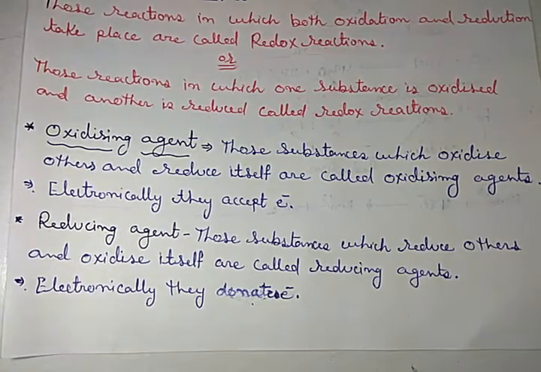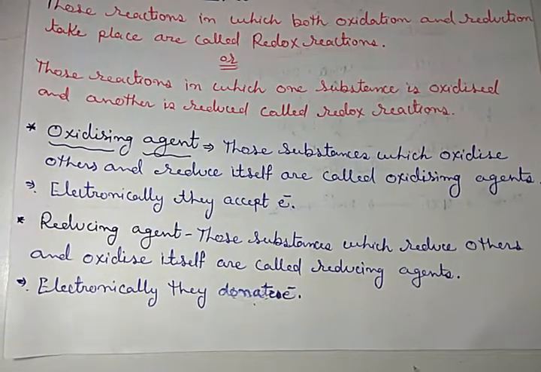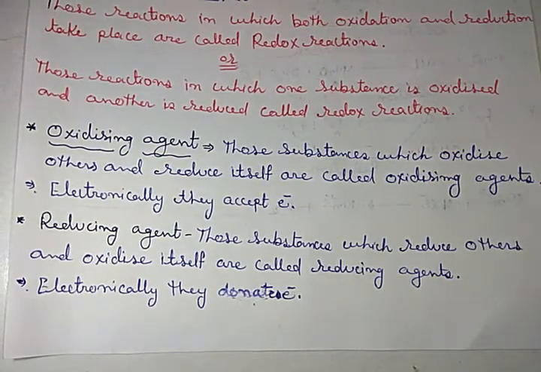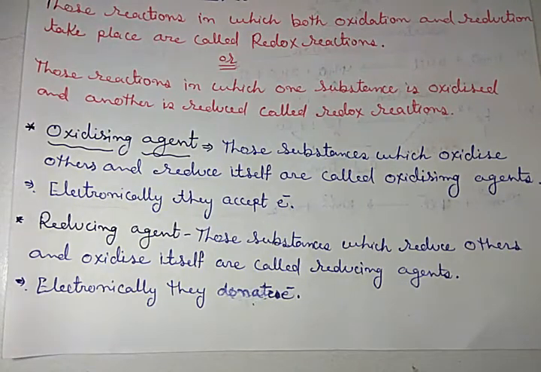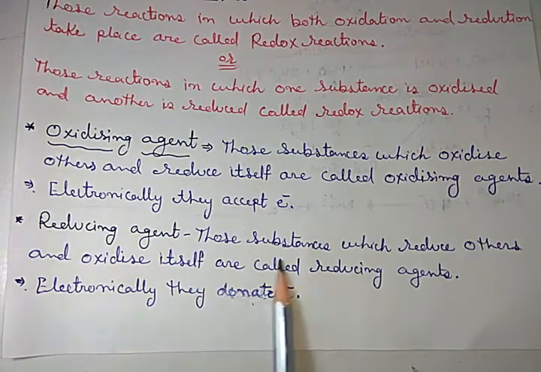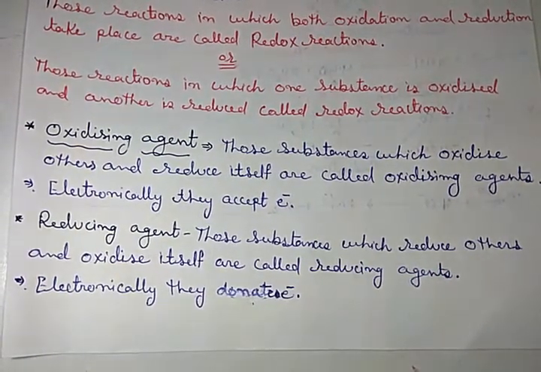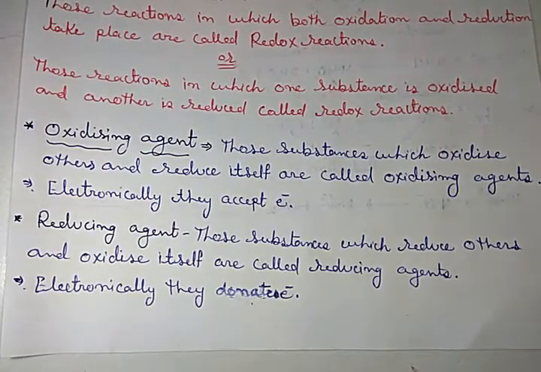A similar concept applies to the reducing agent. A reducing agent reduces the other, and for the reduction of the other it has to oxidize itself. So those substances which reduce others and oxidize themselves are known as reducing agents.